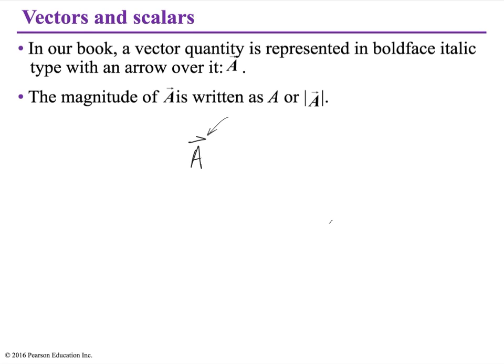And then if we were just thinking about the magnitude of it, which sometimes we write like this, with the absolute value signs around the vector, that means magnitude. In your book, because they can use boldface and regular type, they can just denote the magnitude as the letter representing the vector, but not putting the arrow on top.